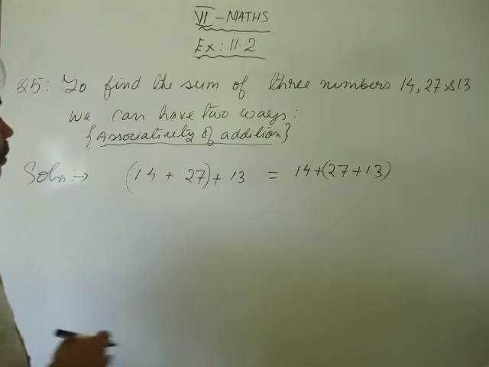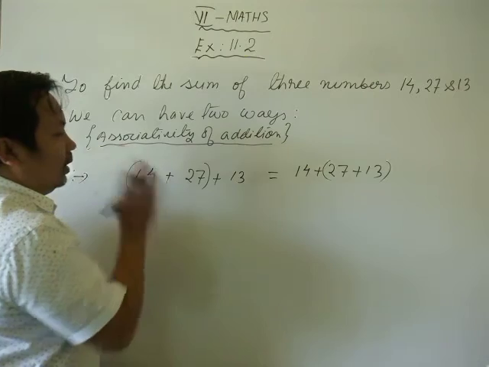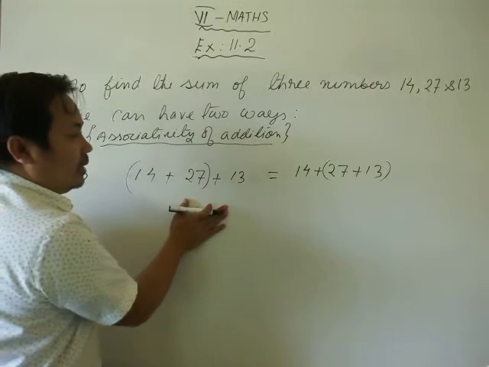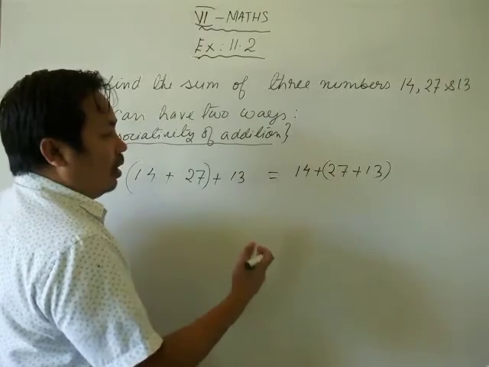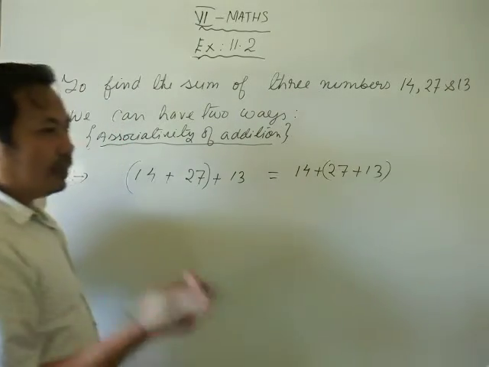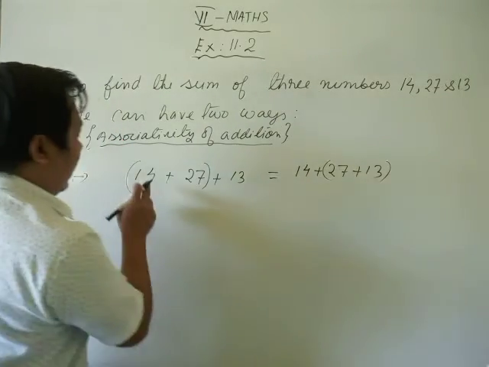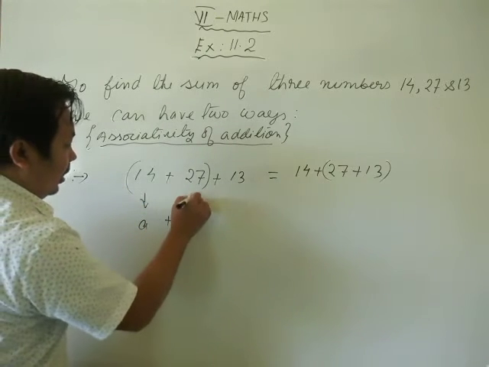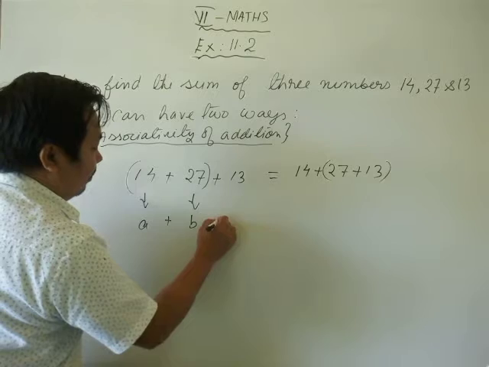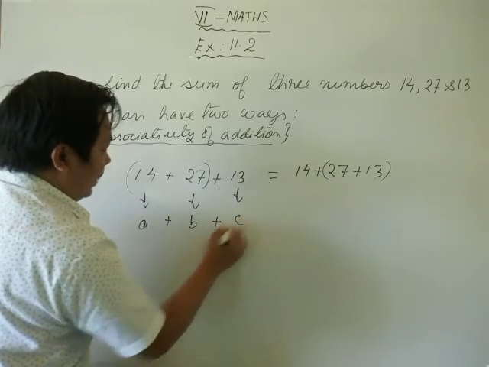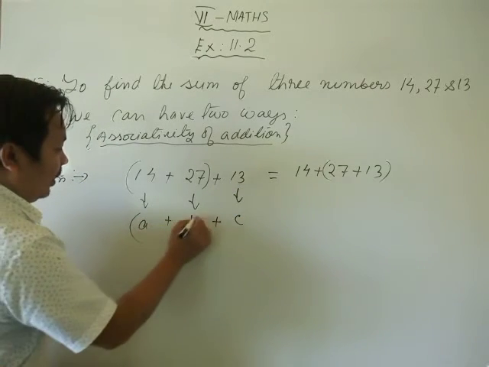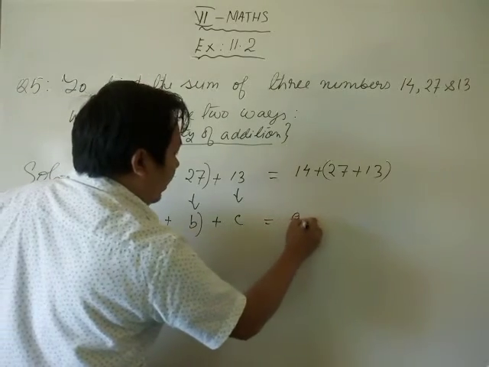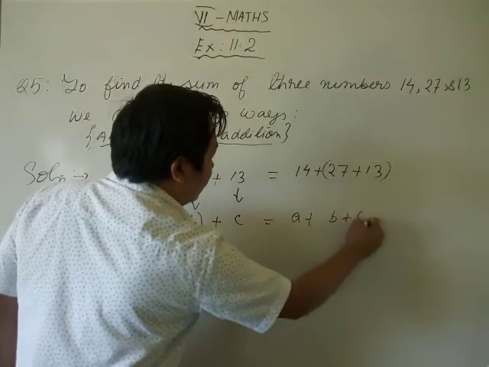Now, in the question, this associative property expression is asked to be written in the form of algebra. How will it be? Let this 14 be A, this 27 be B, and this 13 be C. That means (A plus B) plus C will be equal to A plus (B plus C).